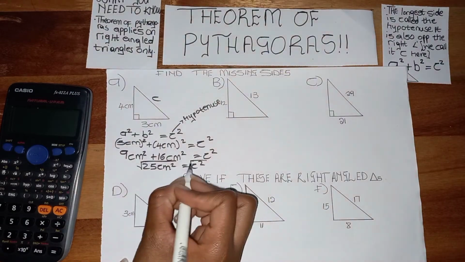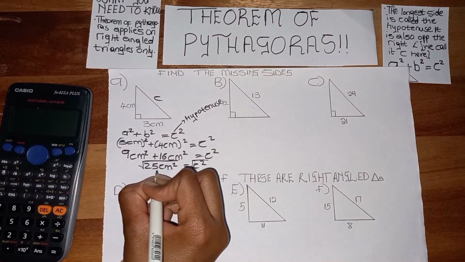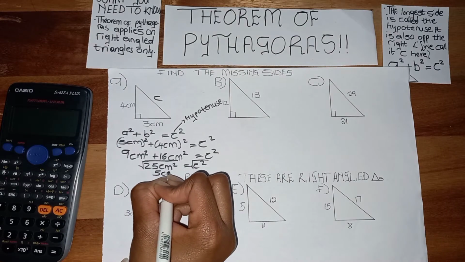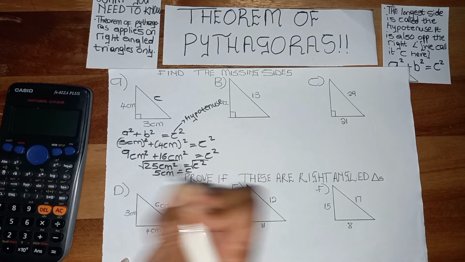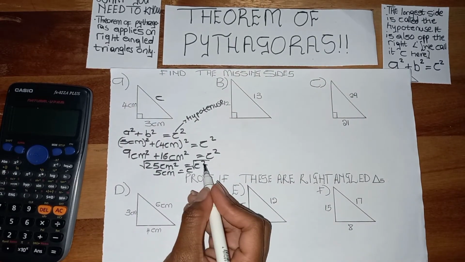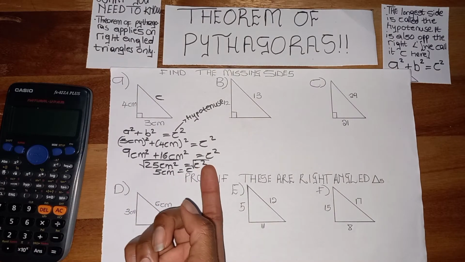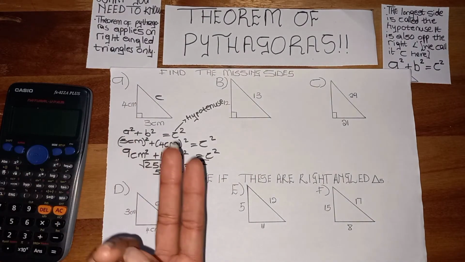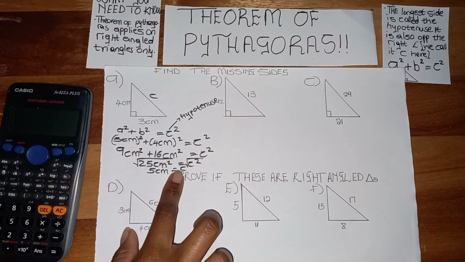So the square root of 25 centimeters squared is 5 centimeters, and the square root of c squared is c. Basically you're checking which number multiplied by itself gives c squared, and that value is c.